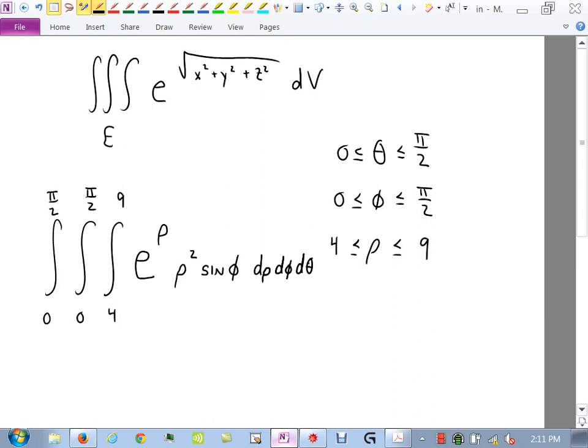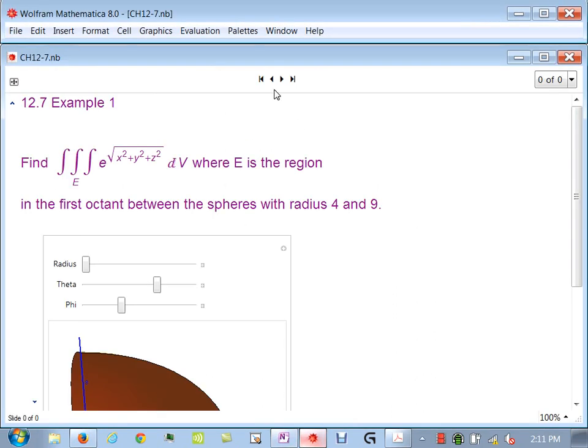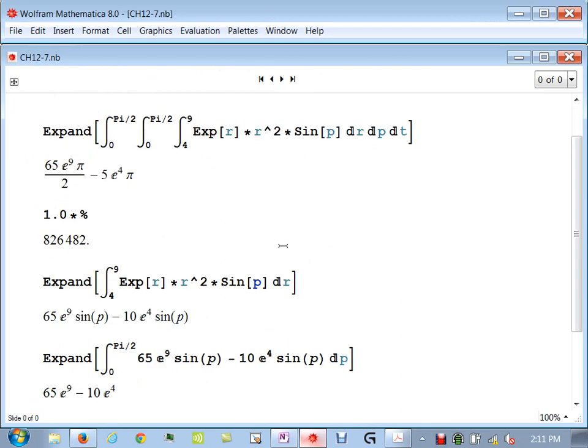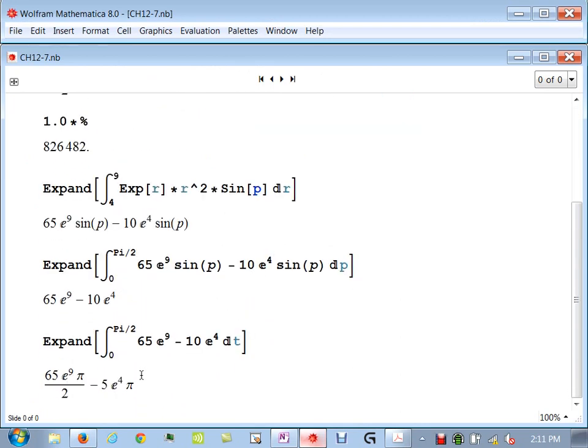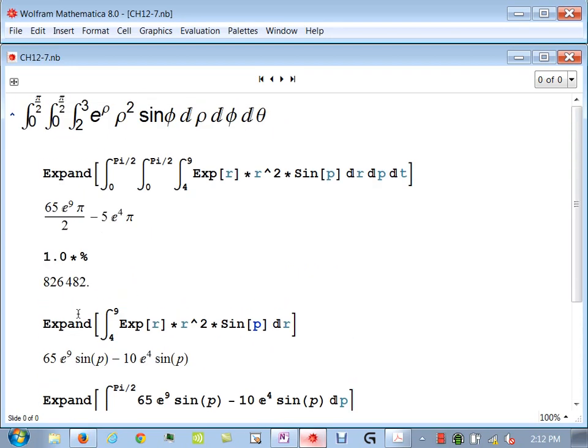The antiderivative of sine of phi is negative cosine phi, so you do that, and then you plug in 0 and pi over 2, antiderivative with respect to theta, do all that, and you should get, well, that's the exact answer, I suppose: 65 e to the 9th pi over 2 minus 5 e to the 4th pi, which I guess, whoa, the answer is pretty large. 826,482.